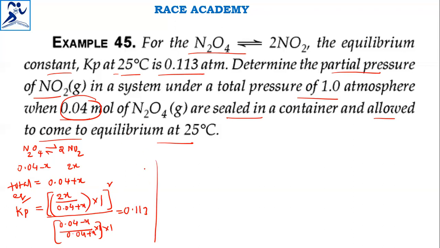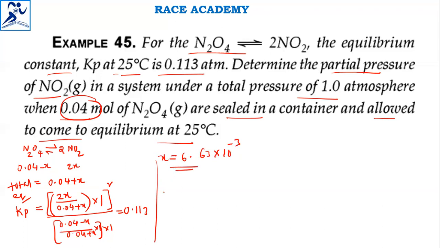If you do the simplification, I am just giving it as is since it is a lengthy calculation: 0.113 and cross multiplication, all these things. Then the x value you will get is 6.63 into 10 to the power of minus 3. You can check it like the previous calculations.